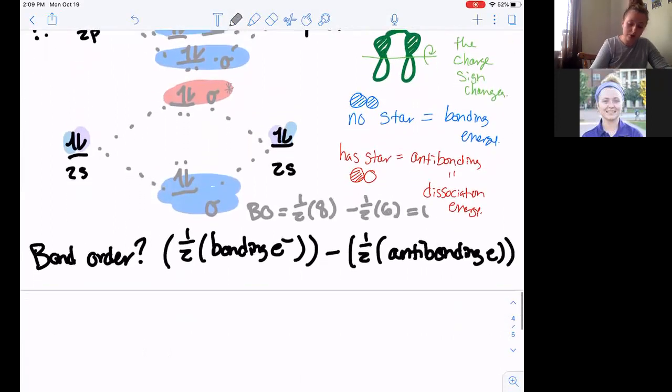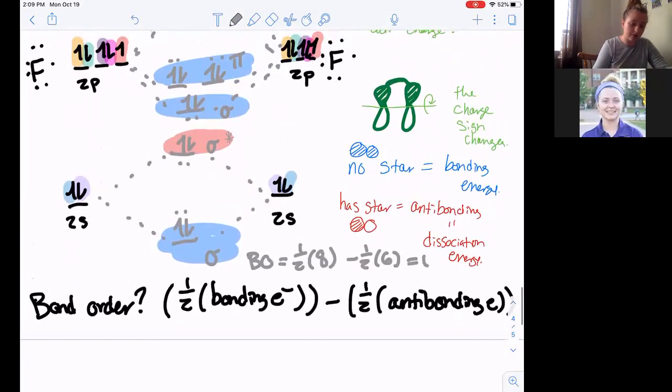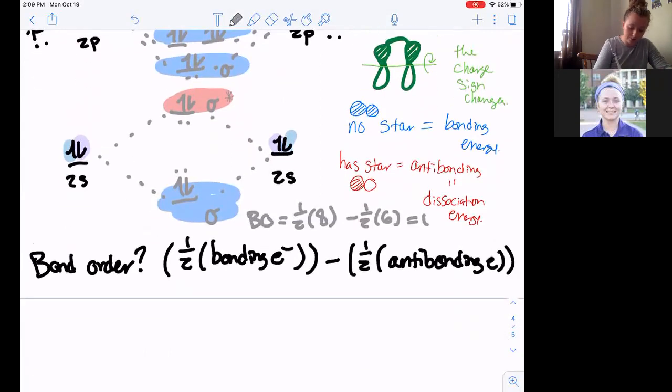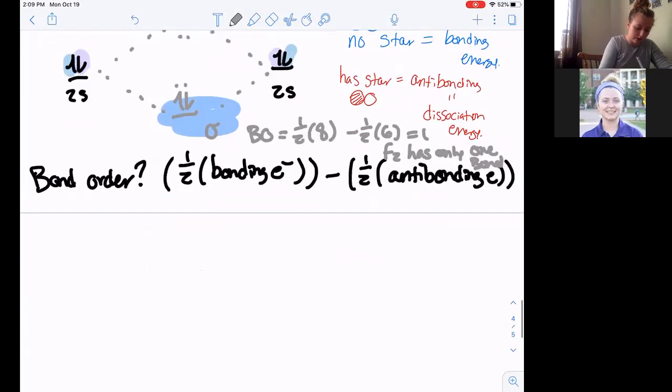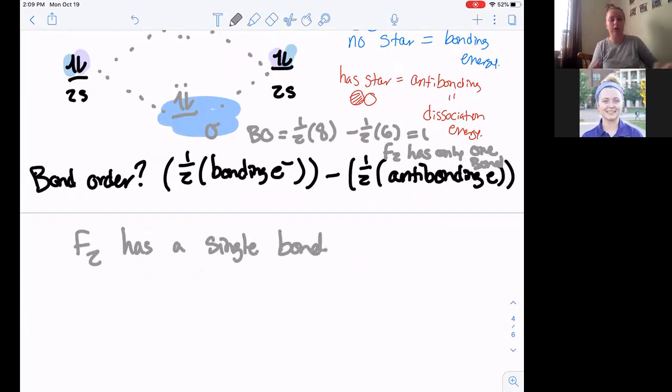That's 1. So this compound, F2, has only one bond. You can also write over F2 that it has a single bond. If it's a double or triple bond, it would be stronger.